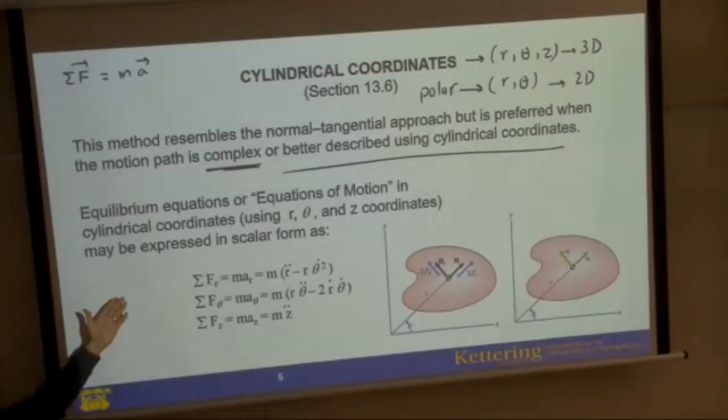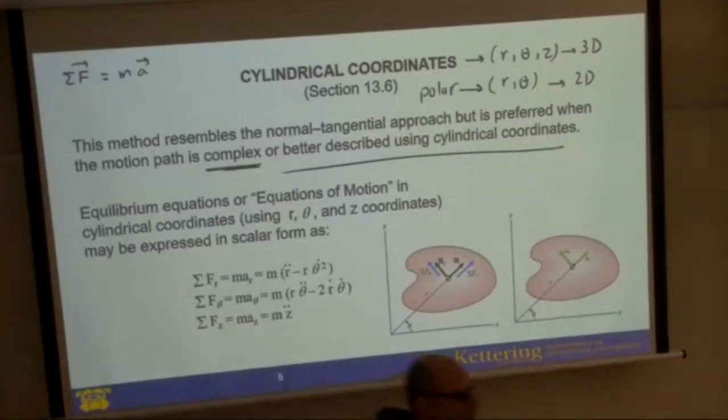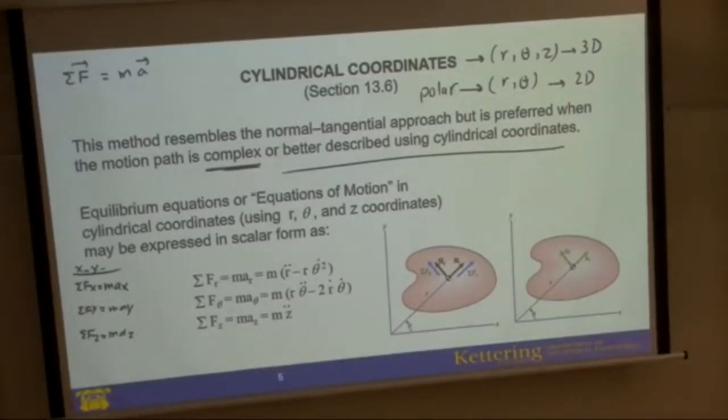These three equations are similar if you compare them with the equation of motion along x. It was sigma Fx equals m ax, sigma Fy equals m ay, and sigma Fz equals m az. This is in the xyz coordinate system.